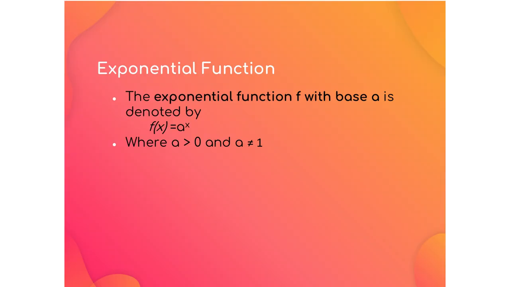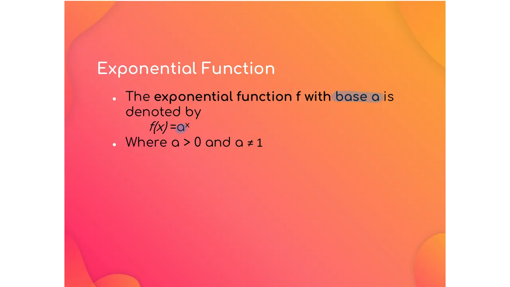The most important thing is that your base is a, but in the next few slides, it's going to be written as b. Your base must be greater than 0, and it cannot be 1. That's what this means right here.